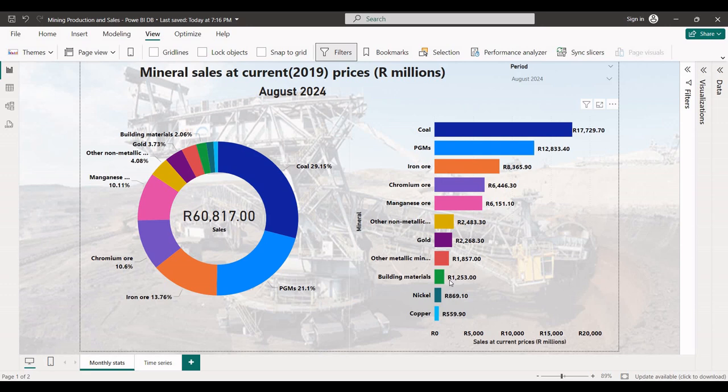One can't necessarily say that we've mined more gold than building materials. Building materials being so low can be explained by the fact that building materials such as building sand are definitely a high volume mining operation, but pretty low priced relative to gold. And yes, so that is the monthly stats view.